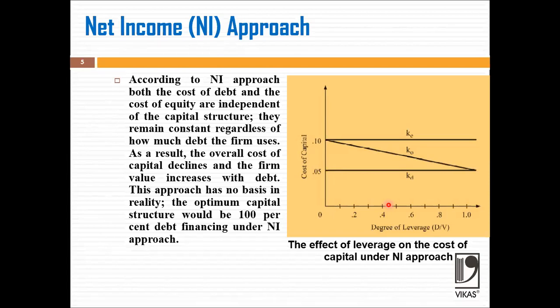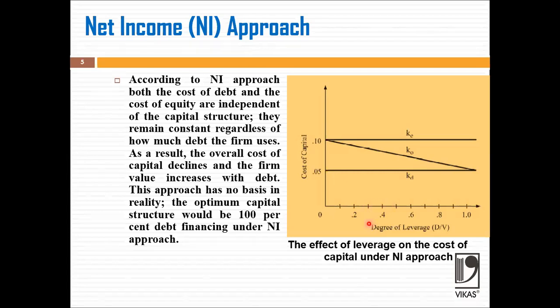So when a firm has high risk, do they expect high return or low return? When an investment is risky, are you expecting low return or high return? High return. Yes.